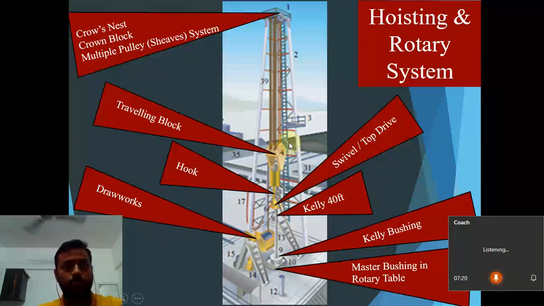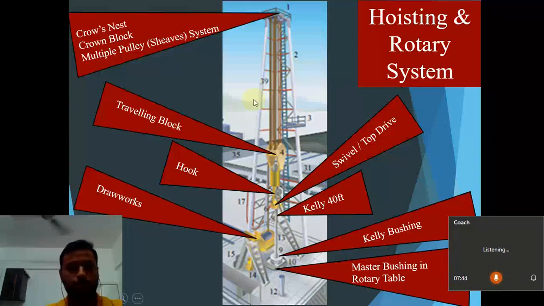For going down you must push from the top, and it's not like a bottle which you can push with your hand. It's a massive structure, so for that you can use some physics, and we have developed the pulley system over hundreds of years at least. So let's start from the drawworks.